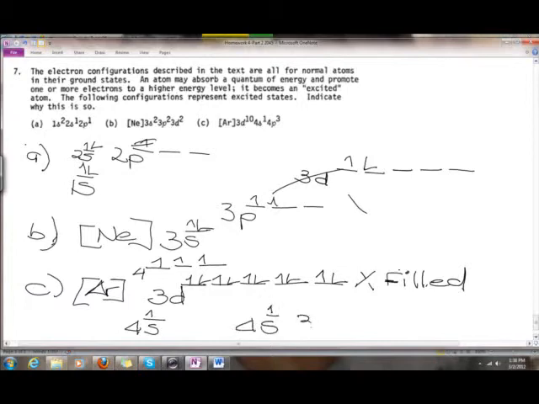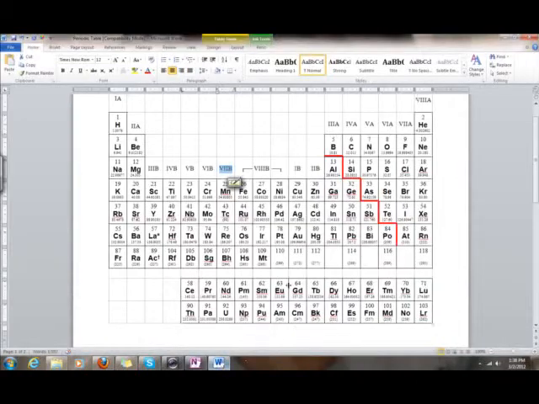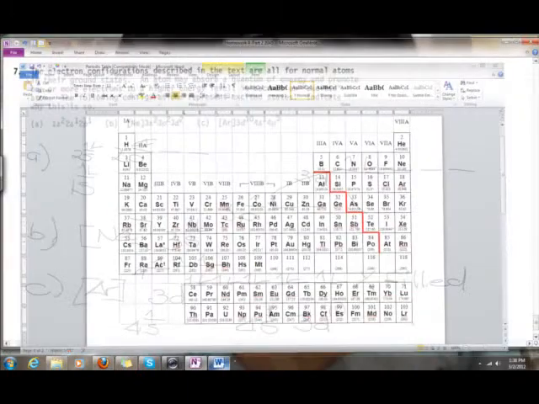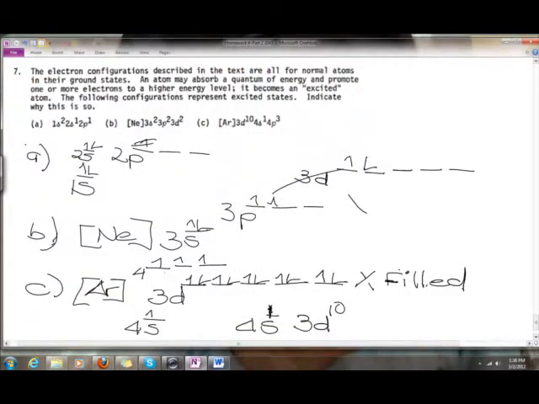And a 3d10, because of this jump for the exception, and that would be the case, for example, of copper. But what happens when it has more electrons? This is wrong, because instead of going to the 4p, it should finish this one. Okay, so this is wrong.